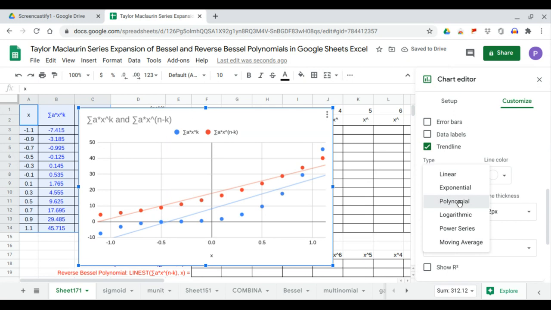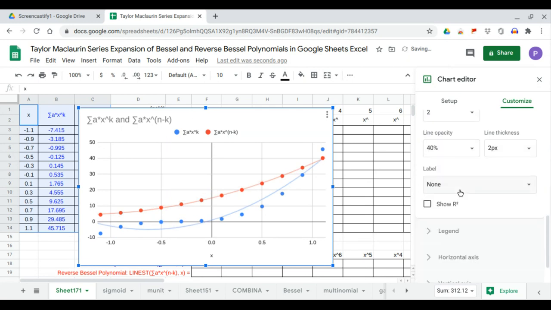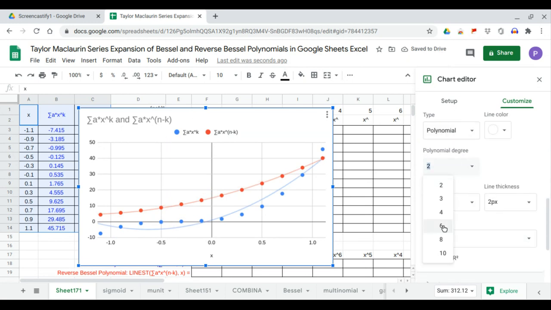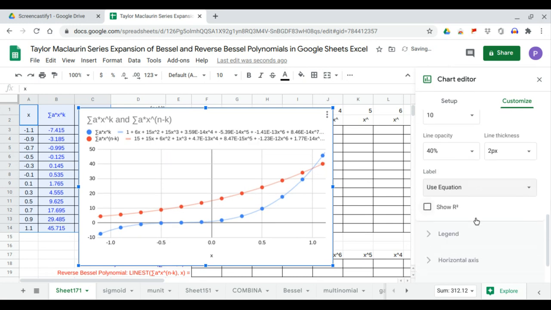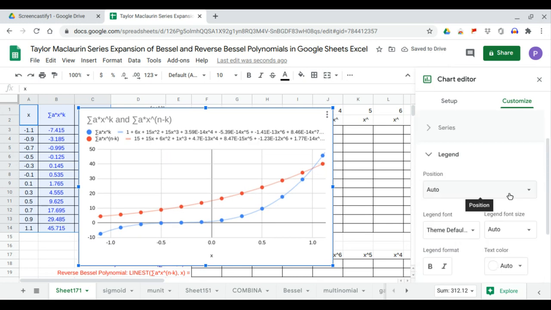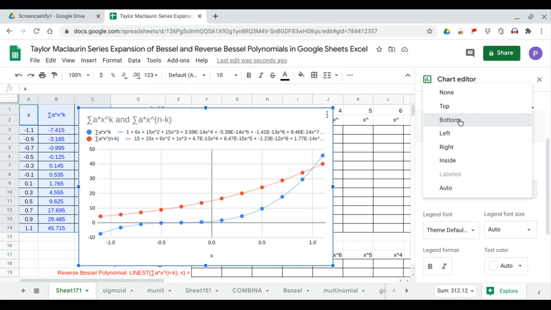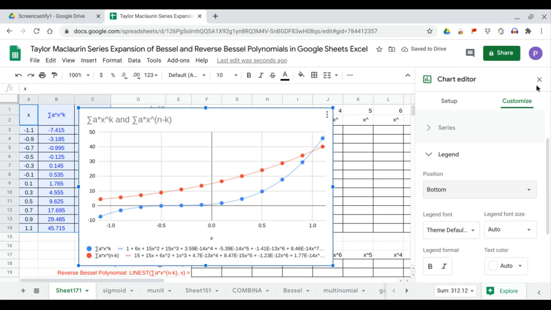And we'll use polynomial so that all the points will fit to the 10th degree because we use 10th degree, so 0 to 10. And we use the equation as label and relocate it at the bottom for easy comparison.